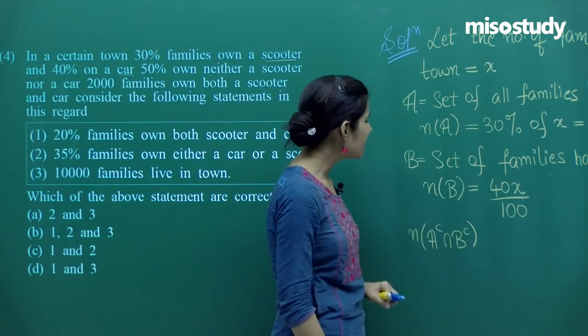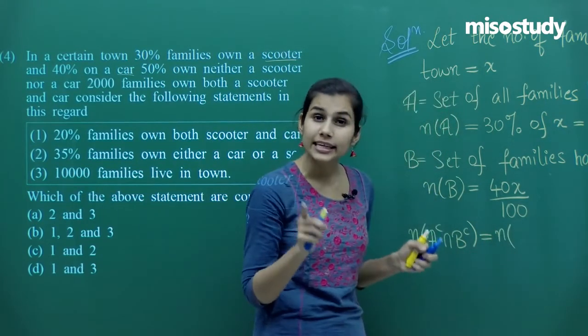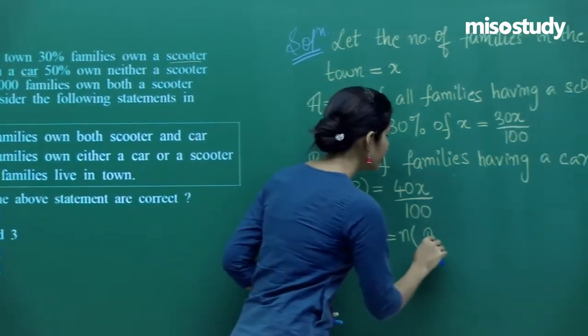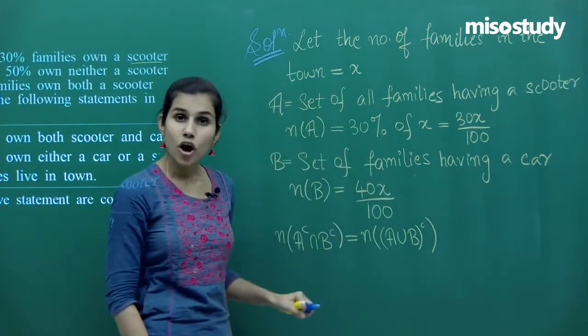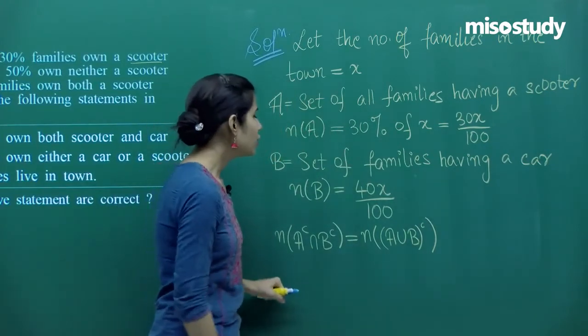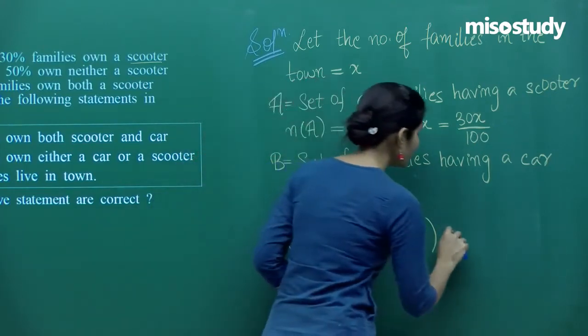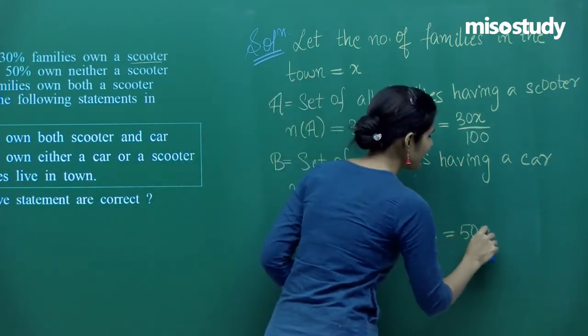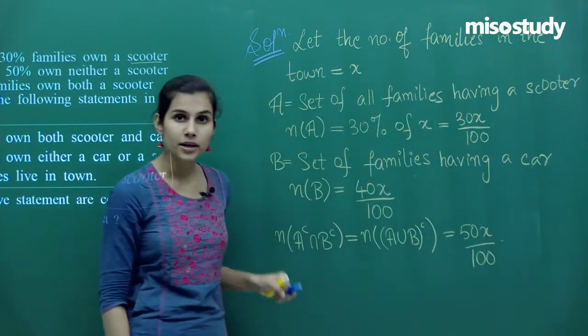Therefore, this expression is the same as, by the very De Morgan's law, (A union B) whole complement. Once you know the number of members in (A union B) whole complement is 50%, therefore 50X upon 100 is this number.